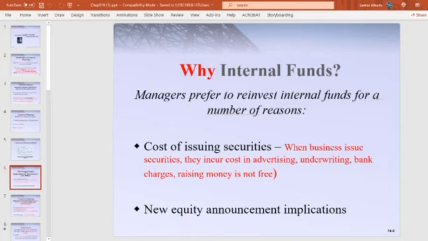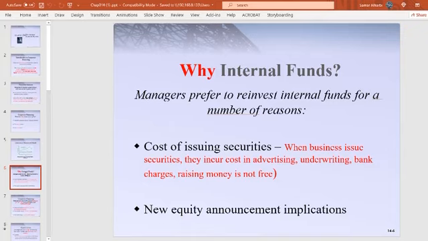And normally, when you issue new shares, you need to make some announcement, and those announcements may affect the company value. So if you announce that you want to issue, let's say, 100,000 shares, and the market perceives this news as bad news, this will affect your company. It depends on the situation.